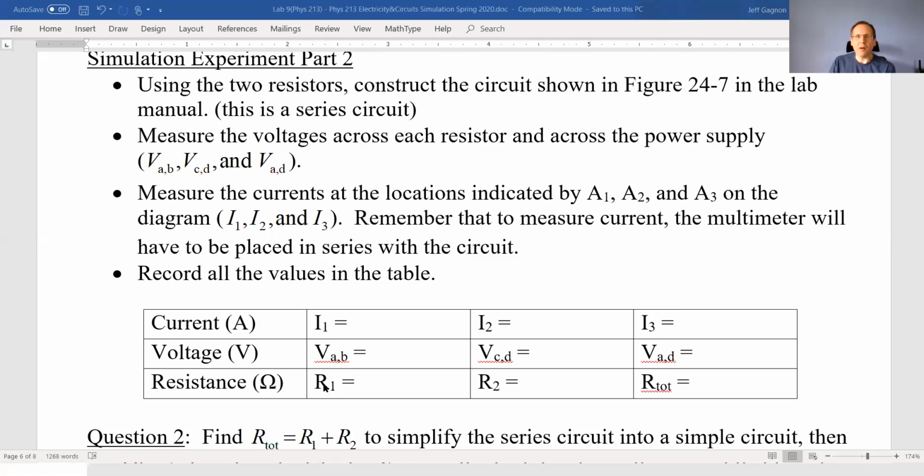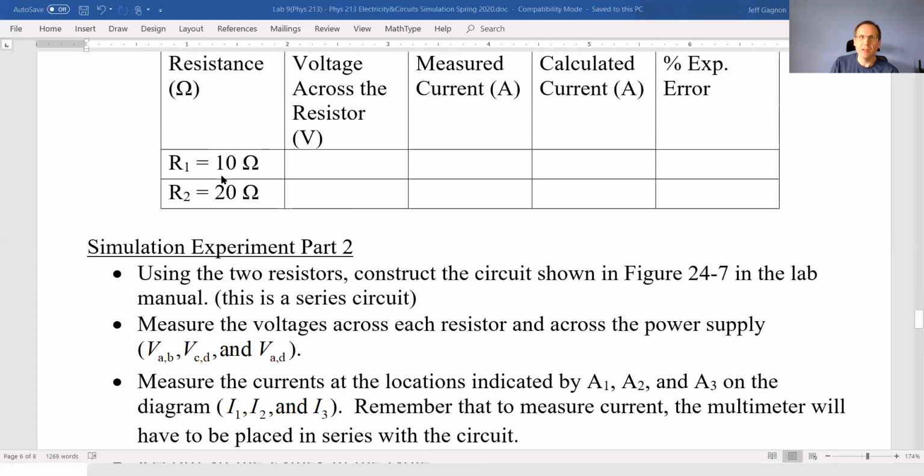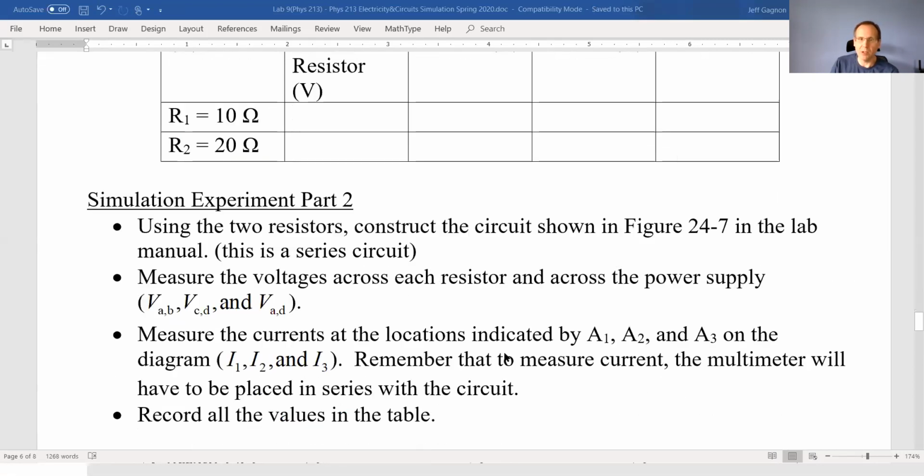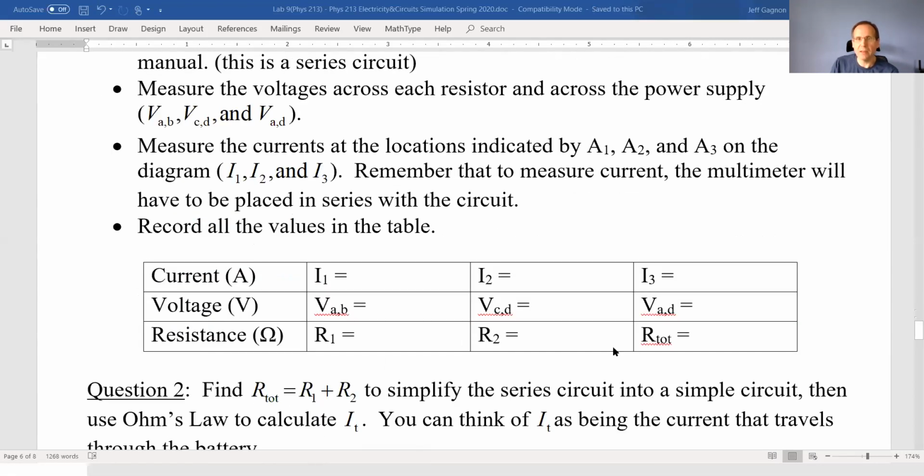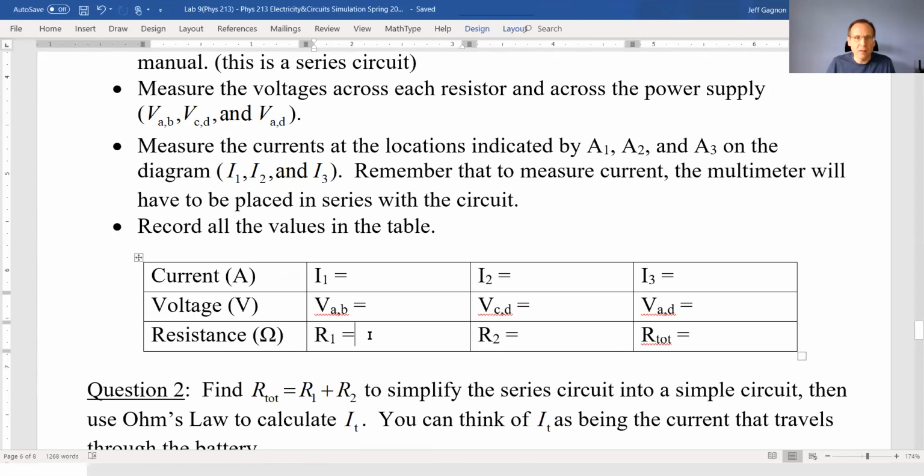You can think of R1 here as being the 10 ohm resistor, and the R2 as being the 20 ohm resistor, right? Because we're going to use the same two resistors we had before, 10 ohm and 20 ohm. So R1 is 10, R2 is 20. I'll even type that in right now. So this is 10, and then this is 20.